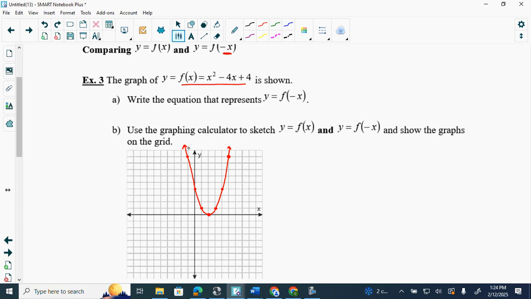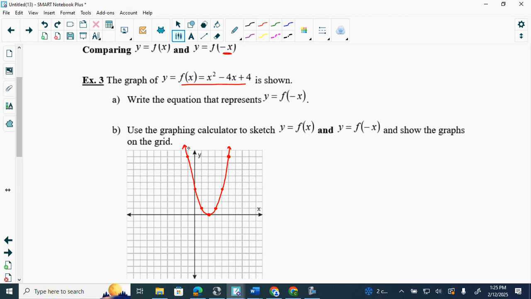Would you agree? But now instead of it doing this, it's going to do this. Right? So in order to be from here to here, what are we negating? Or from here to here? Our x's or our y's being negated to get it to move right to left. X's, right?